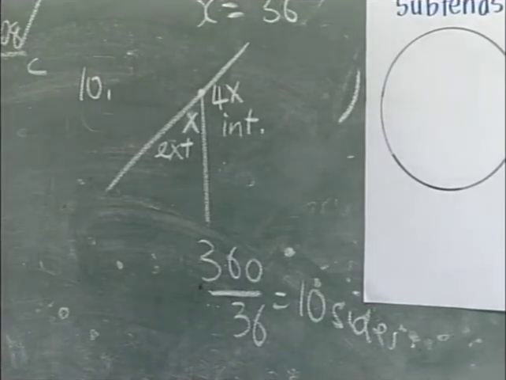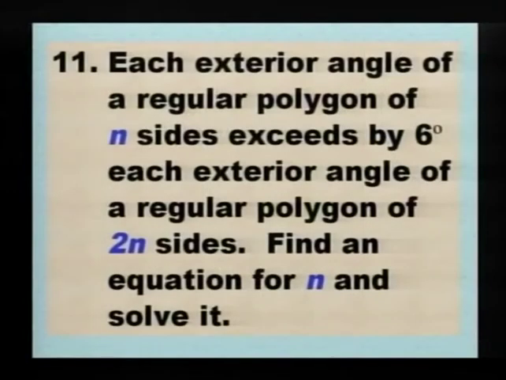Right, number 11. Each exterior angle of a regular polygon of n sides exceeds by 6 degrees each exterior angle of a regular polygon of 2n sides. The question is talking about two different polygons.